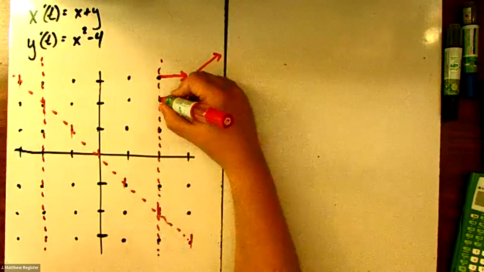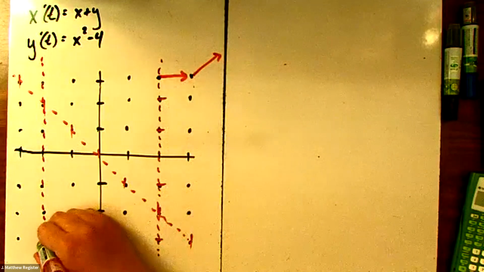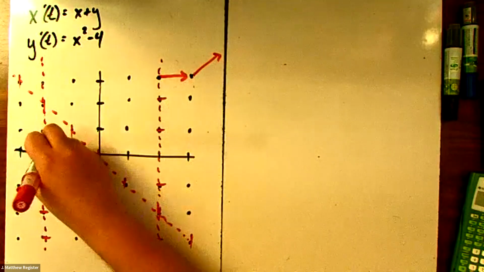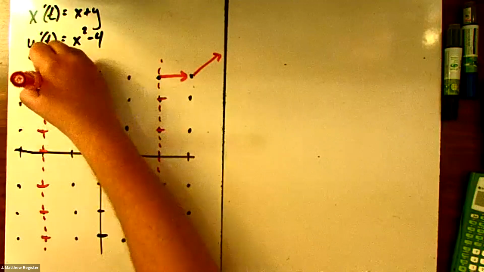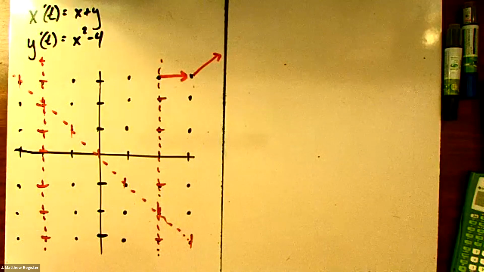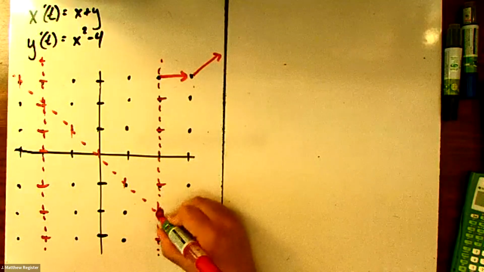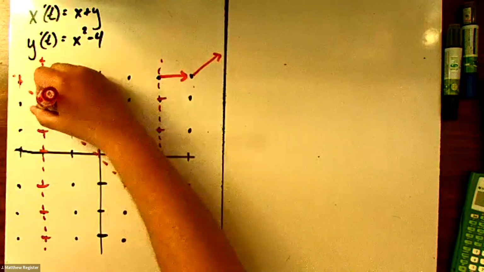And so that means along these lines, it's only going to be going to the left or to the right. Notice right off the bat, we now have 2 points where it's going 0 in the x direction and 0 in the y direction.